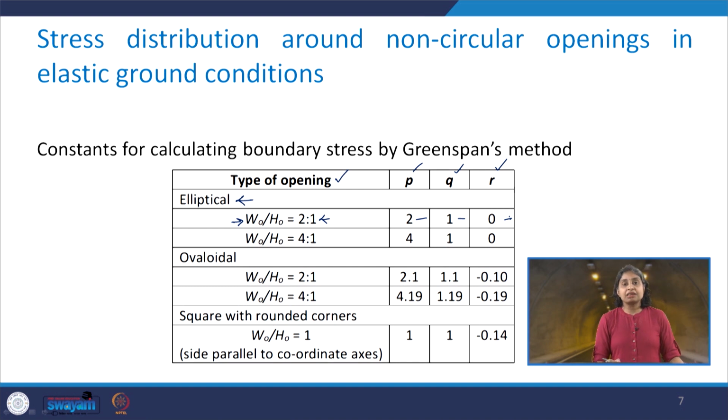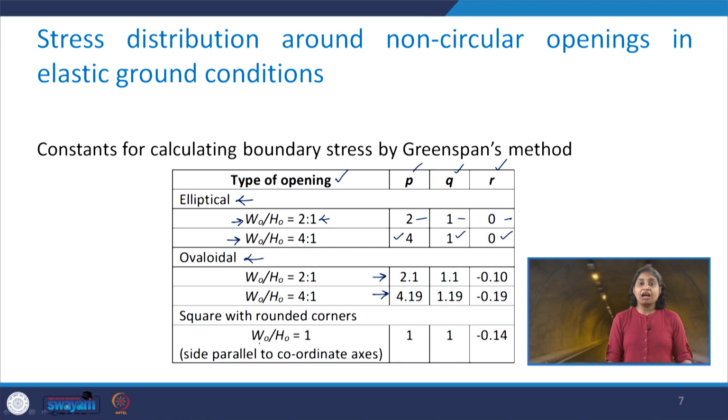However, if the width to height ratio is 4:1, the corresponding values of P, Q and R become 4, 1 and 0 respectively. In case you have the ovaloidal shape, then again for two different ratios of width to height, you have the values given by these two rows.